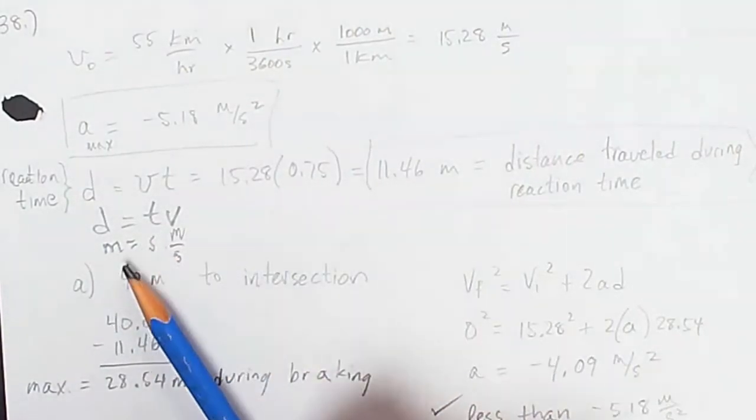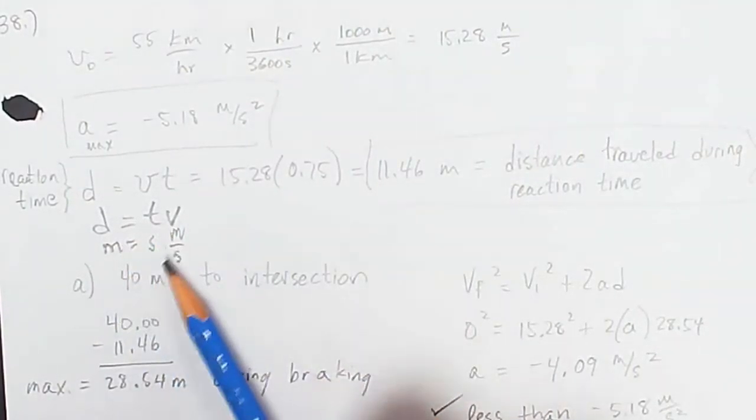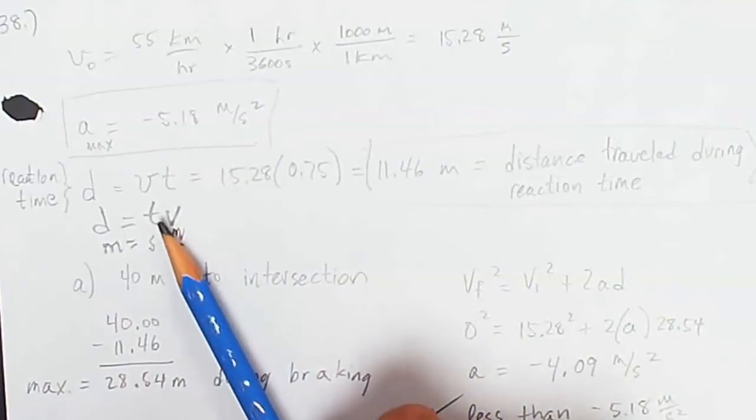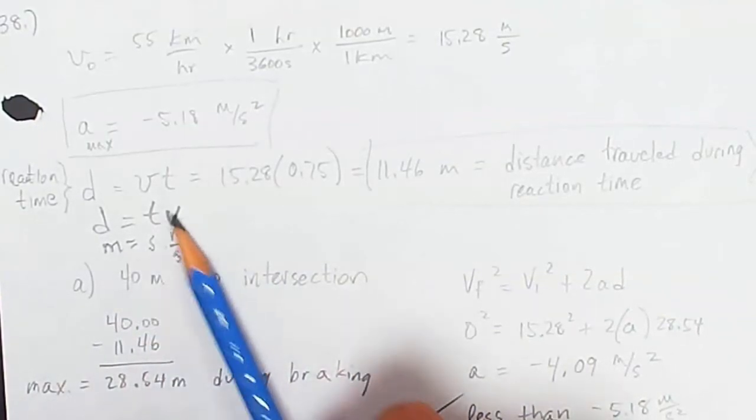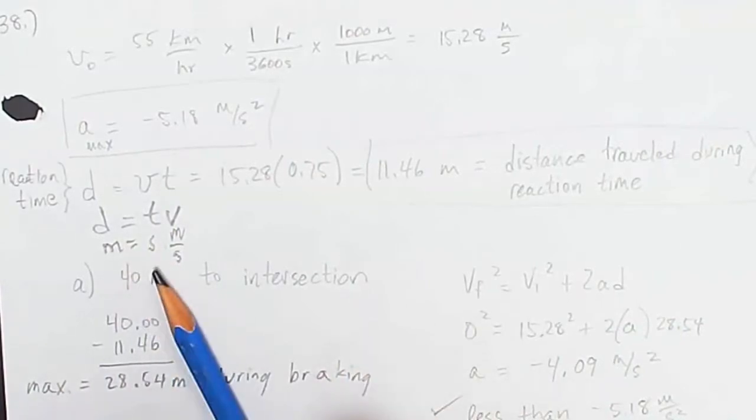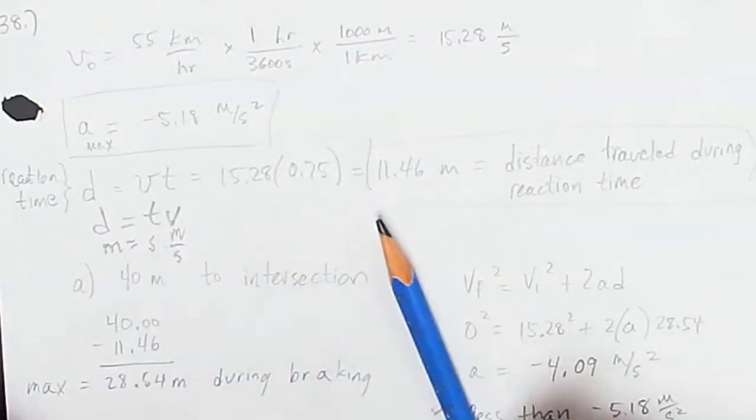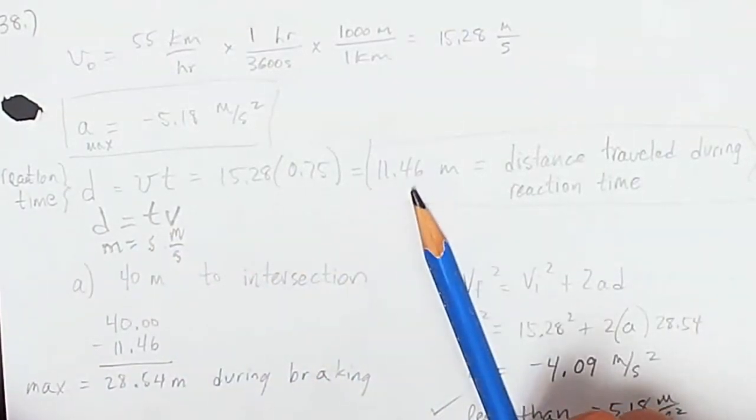And if you forget, you can always do a unit check. Velocity in meters per second times time in seconds does give me meters. So that's one way to help you remember if you remembered an equation correctly: see if the units work out. And they do.